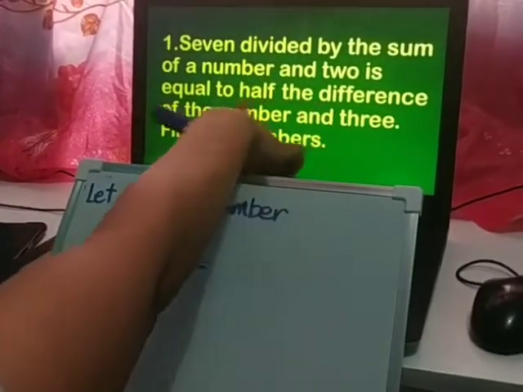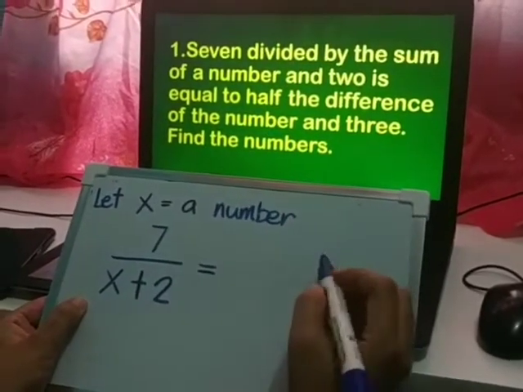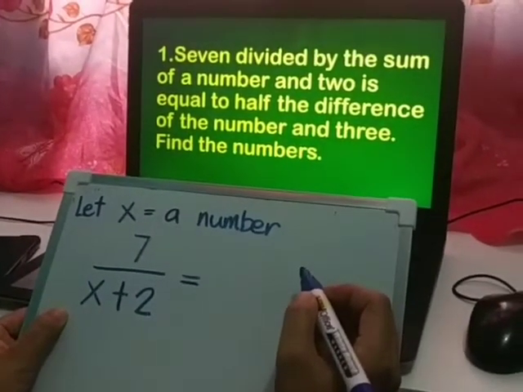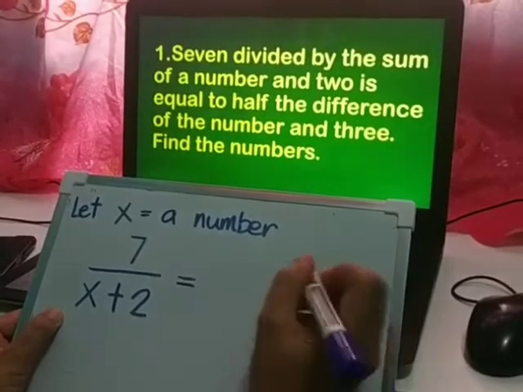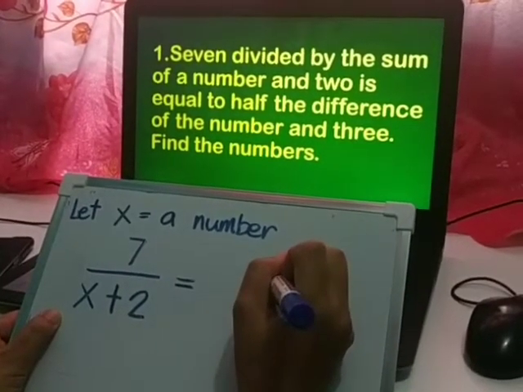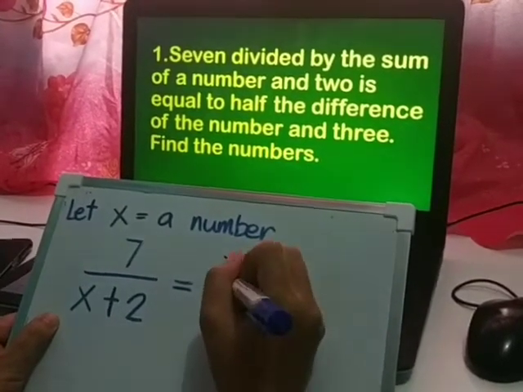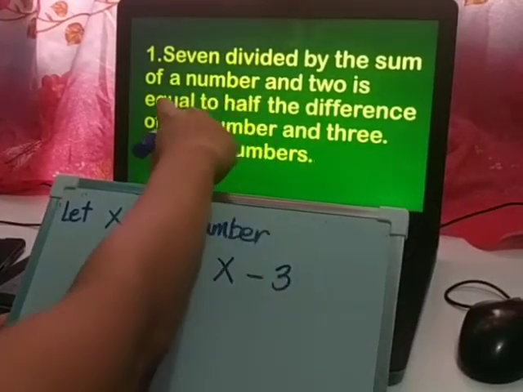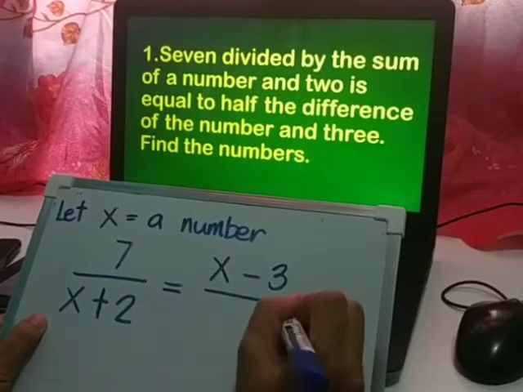First, let's deal with the difference of a number, which means we have to make difference is subtraction. The difference of a number and 3. Half the difference, so that's over 2.